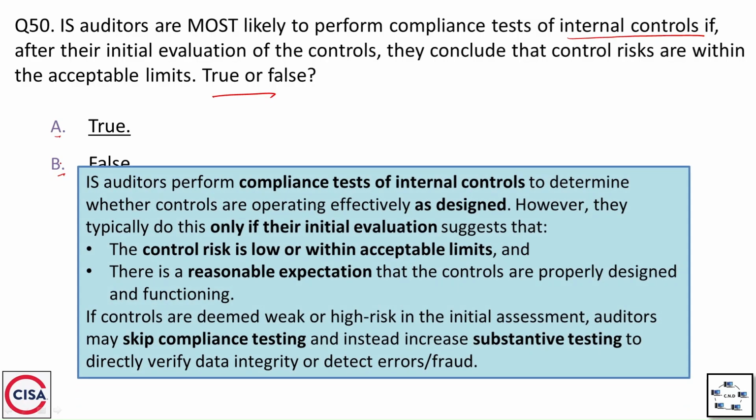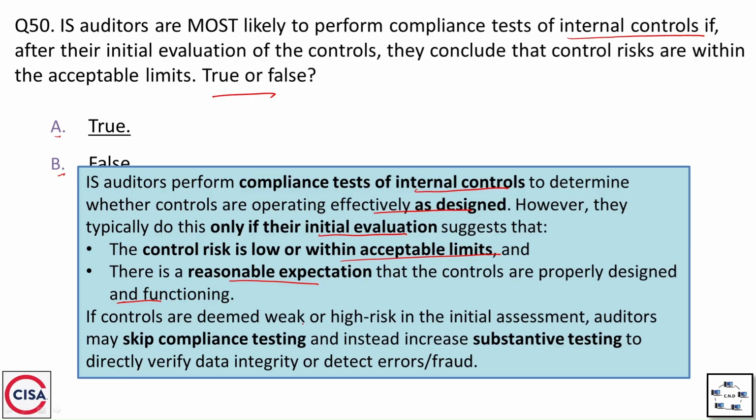So IS auditors perform compliance test of internal controls to determine whether controls are operating effectively as designed. However, they typically do this only if their initial evaluation suggests that the control risk is low or within acceptable limits and there is reasonable expectation that the controls are properly designed and functioning.